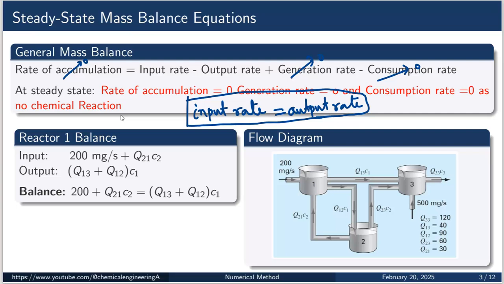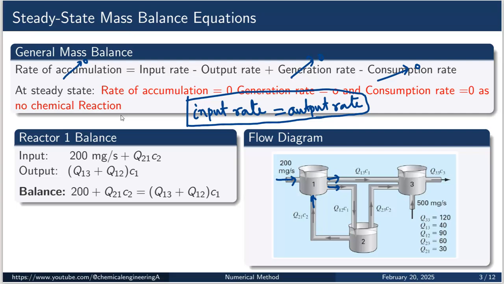So reactor 1 input is here, both are inputs, so 200 mg per second plus Q21 into C2, and these are the output. So output is Q13 plus Q12 into C1. As we know that input rate is equal to output rate, we can write 200 plus Q21 C2 is equal to Q13 plus Q12 C1.